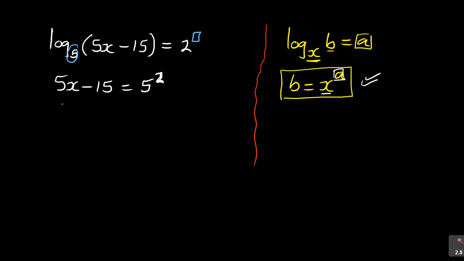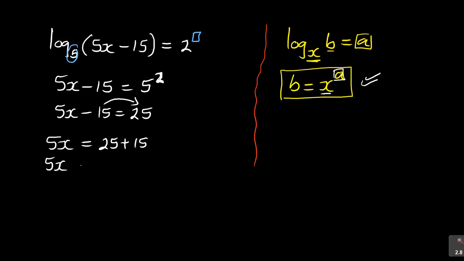And then after that, you are going to have 5x minus 15, then 5 squared is 25. Then after that, take 15 to the other side. We have 5x is equal to 25 plus 15, which is 5 plus 5 is 10, 2 plus 1 is 3, plus 1 is 4.